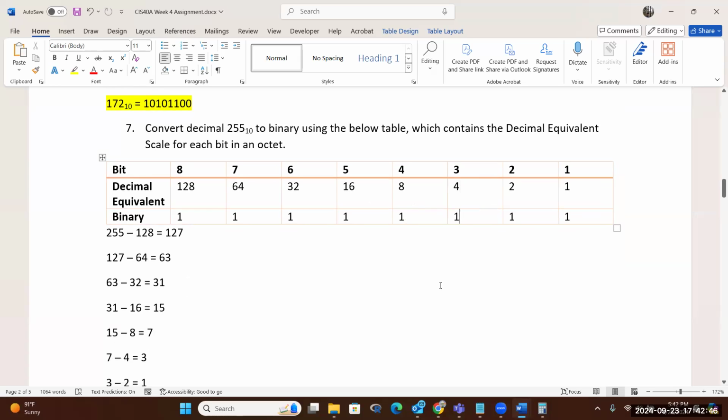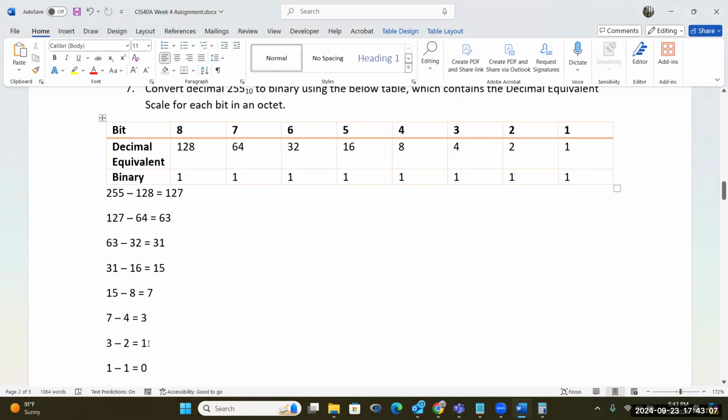When I subtract it, I put a 1 underneath it. And I'm left with 3. Then I have 3. The next number is 2. Yes, I can subtract the 2. So 3 minus 2. I put a 1 right there. And then I'm left with 1. Then I have 1, subtract 1. And now I have nothing left.